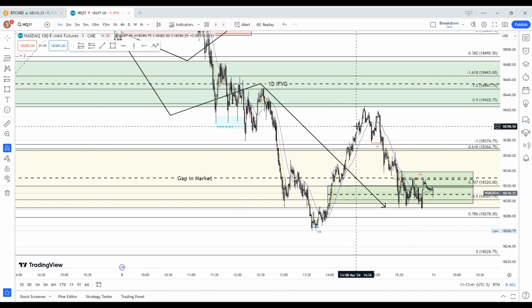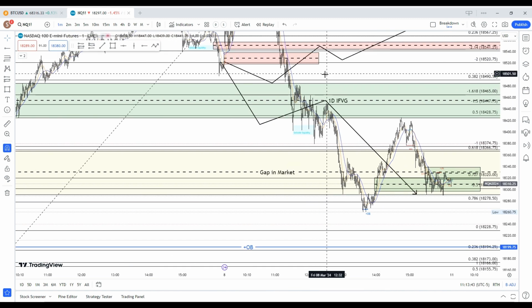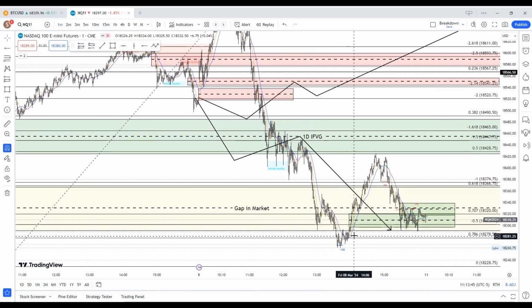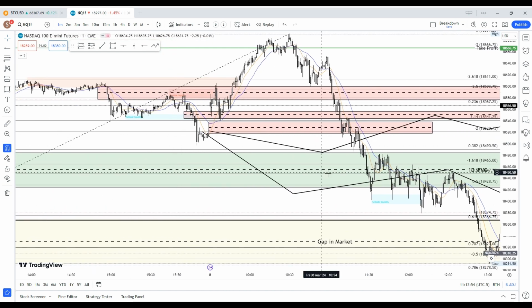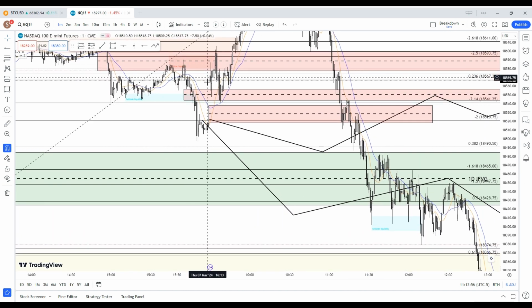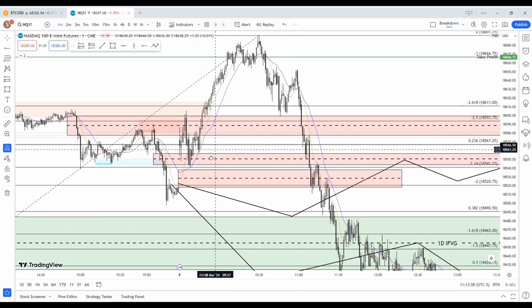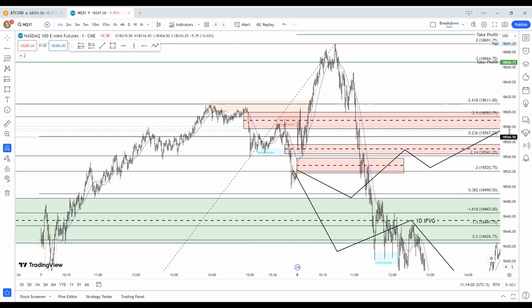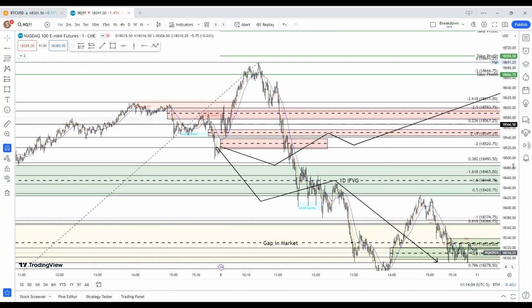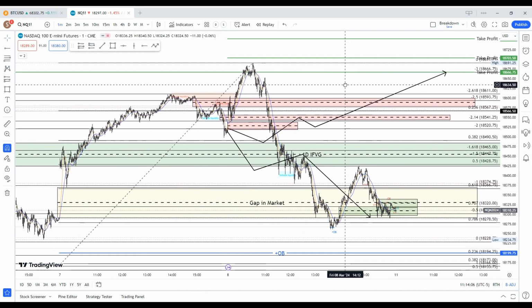This is what I did here. So I'm thinking long down here. There was a gap here that had been filled from that day in the morning. We gapped up, we pulled back, and we went right up to our take profit zone. You get your fibs out.